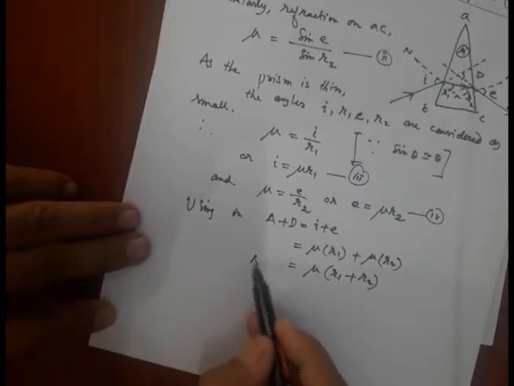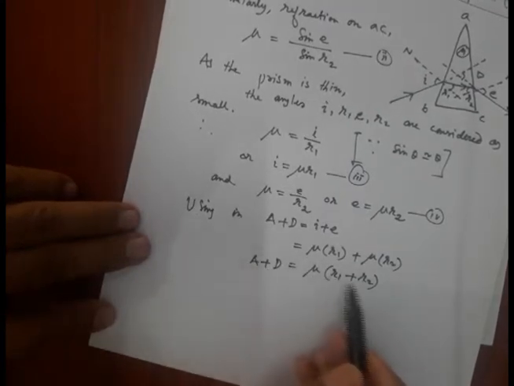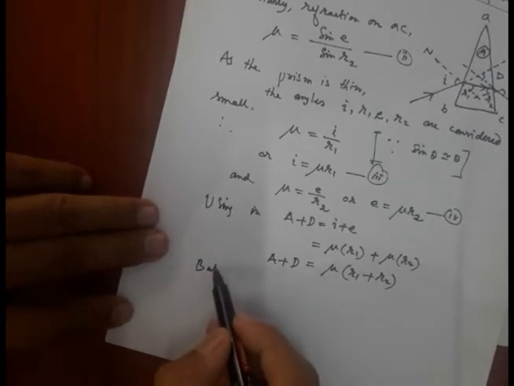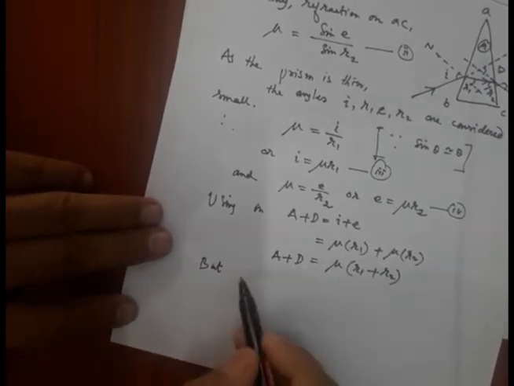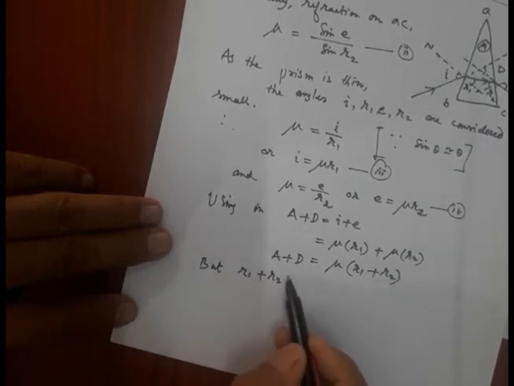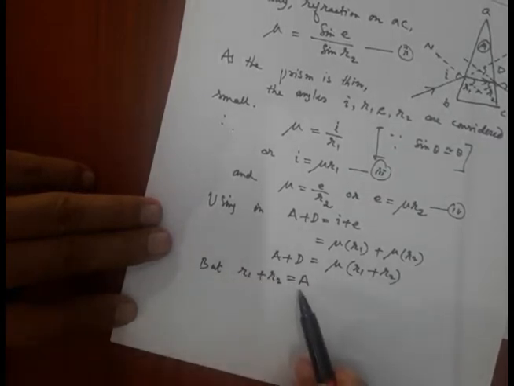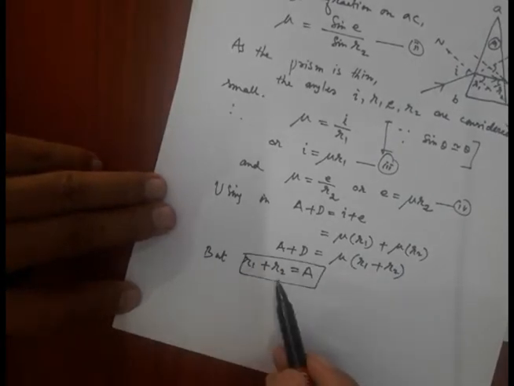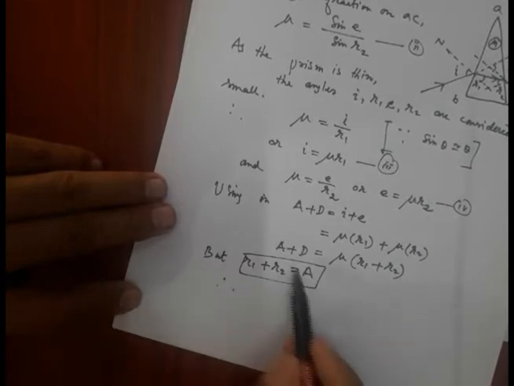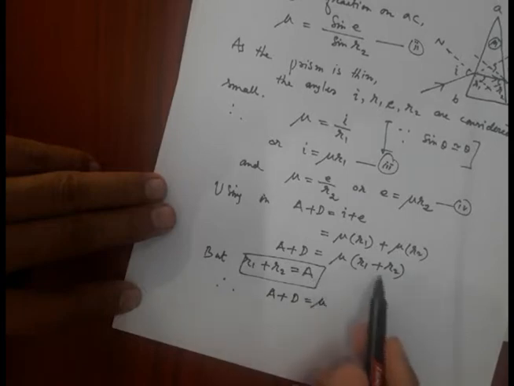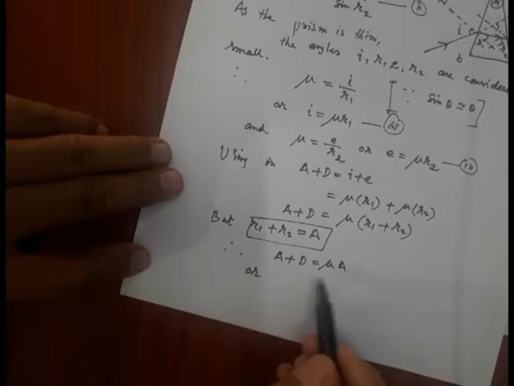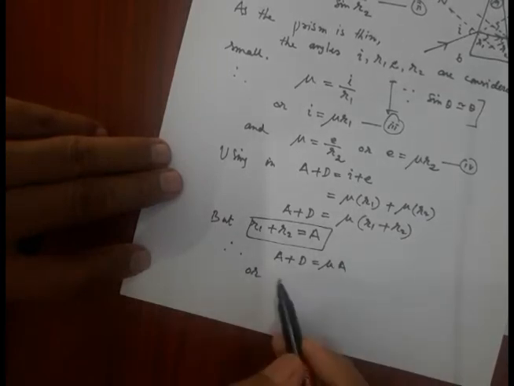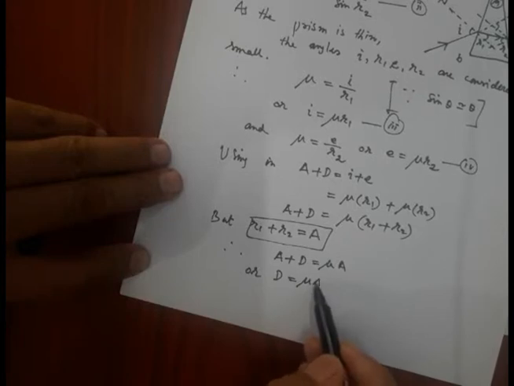So you have A plus D is equal to mu (R1 plus R2). But we have already seen that the sum of the two angles of refraction, R1 plus R2, is equal to the angle of prism. Look back to our earlier derivation. We have already seen this formula: R1 plus R2 is equal to angle of prism. Therefore, when you put A plus D is equal to mu, instead of R1 plus R2 you can write A. Or you can transfer A to the other side. So you have D is equal to mu A minus A.